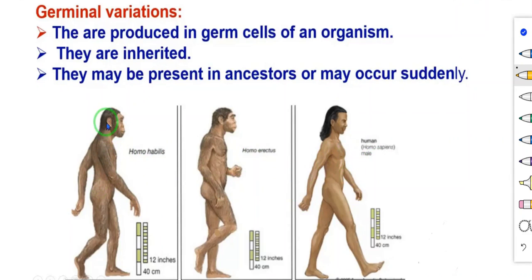Here, on the face and body, hair is totally present. Here it is somewhat different, so some variations may occur in the Homo erectus body. But in modern human beings, Homo sapiens, there is no hair on the body. So variations occur. These are the germinal variations, produced in germ cells of an organism. They are inherited, and may be present in ancestors or may occur suddenly.